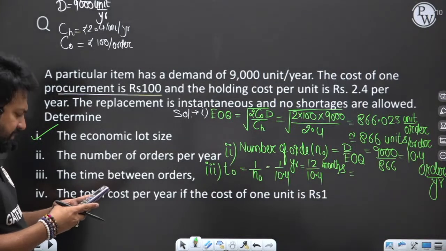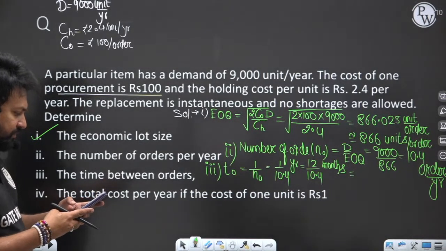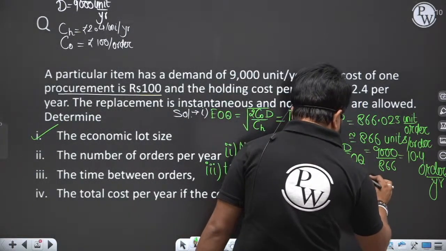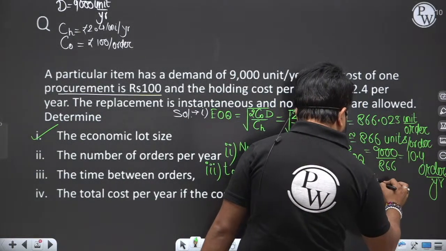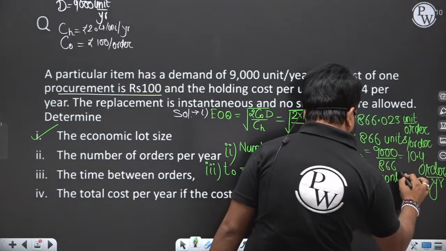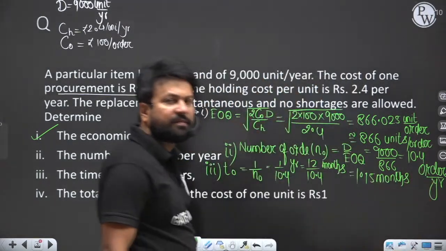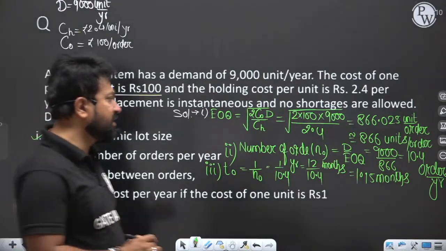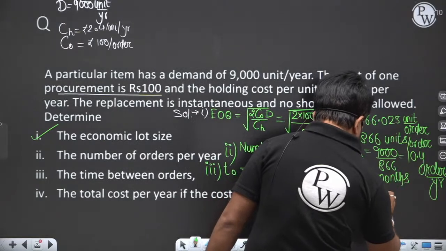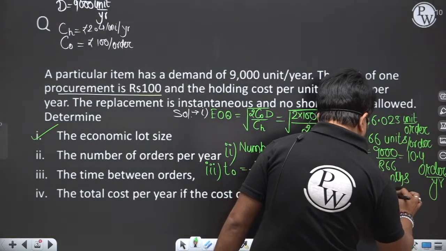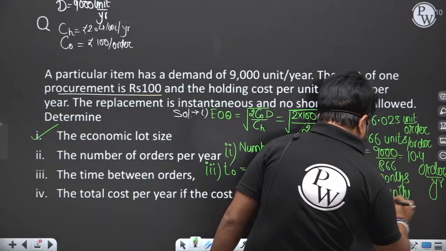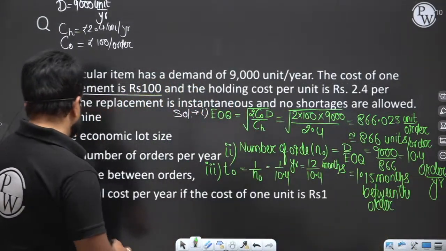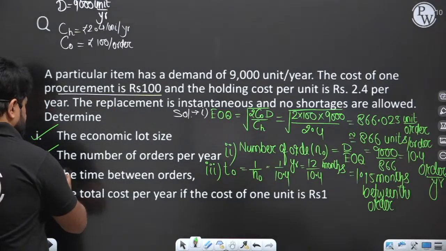So 12 divided by 10.4 will become 1.15 months, right? 1.15 months between the orders. Okay, so your second part is done, your third part is done.